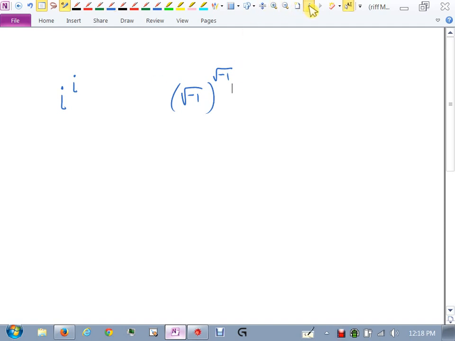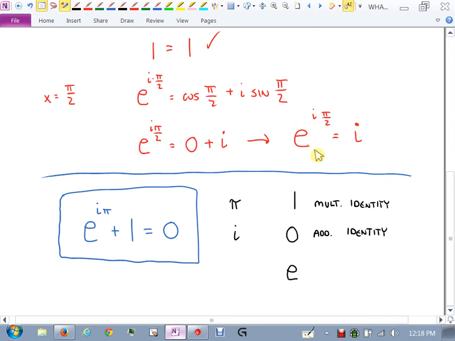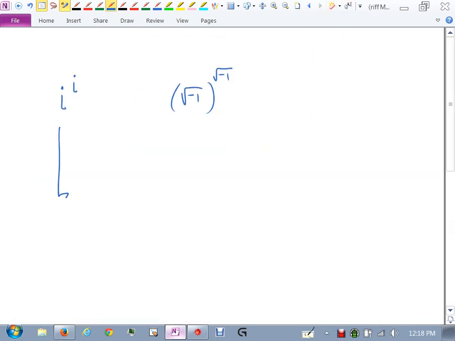Do you remember when I just said right now, right here, that this was another way to represent i? Okay, I want you to replace the i in the base with this right here: e to the i pi over 2. All right, so I'm going to say this is equal to, the base I'm replacing with e to the i times pi over 2. And what am I raising this to? The i. What happens when you take something to a power? What do you do to these powers? Multiply them.